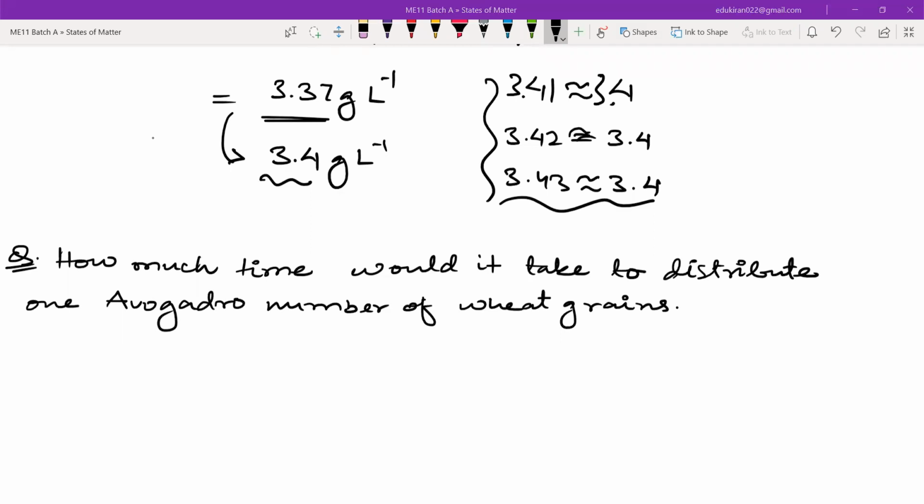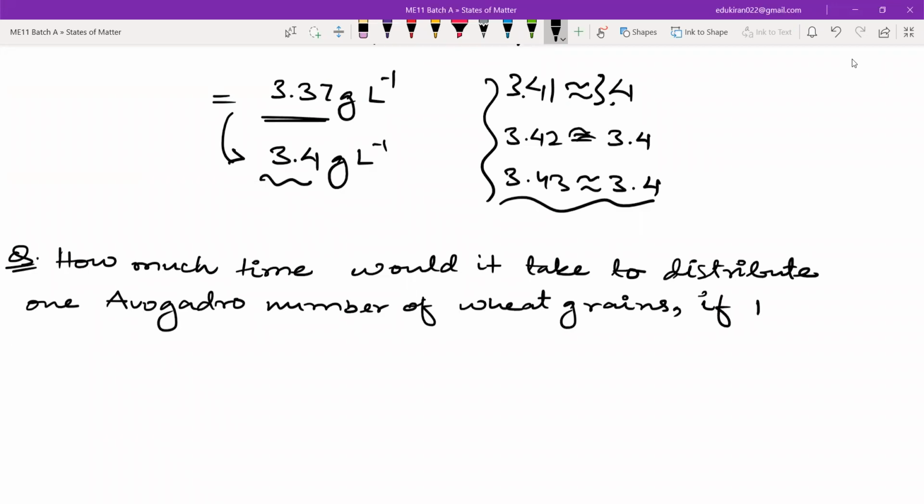So now you can imagine if you have 1 Avogadro number of wheat grains. So how many wheat grains will be there? 6.022 into 10 to the power 23, right? Yes, sir. You have this much wheat grains. And you are distributing it, and how much you are distributing per second?